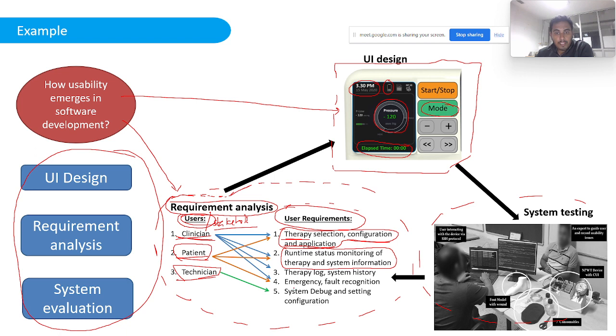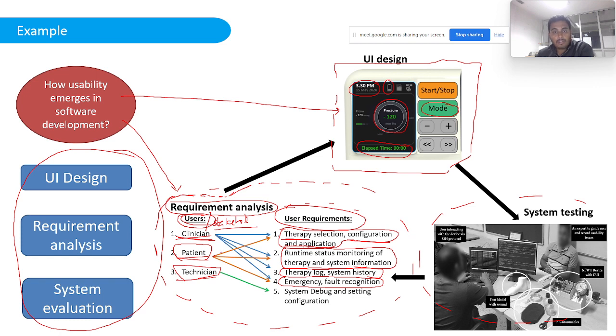Again, the clinician wants to have all sorts of records related to therapy, related to patient history. So those are some of the features which the clinician probably wants to have in the system. Okay, emergency and fault recognition is again something the clinician wants to detect, so the system should have features where, in case of any emergency or any fault, the system should indicate what issues it faces.